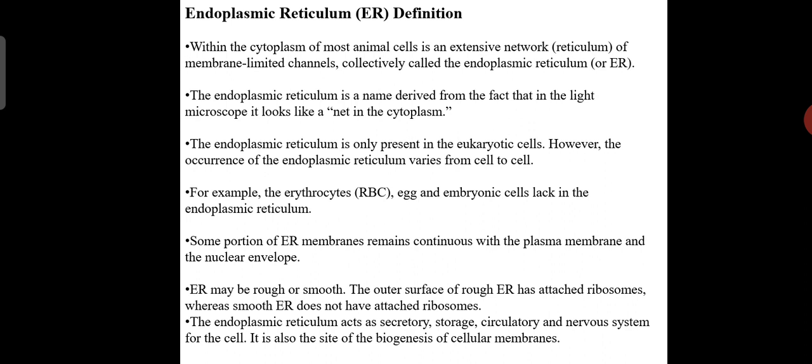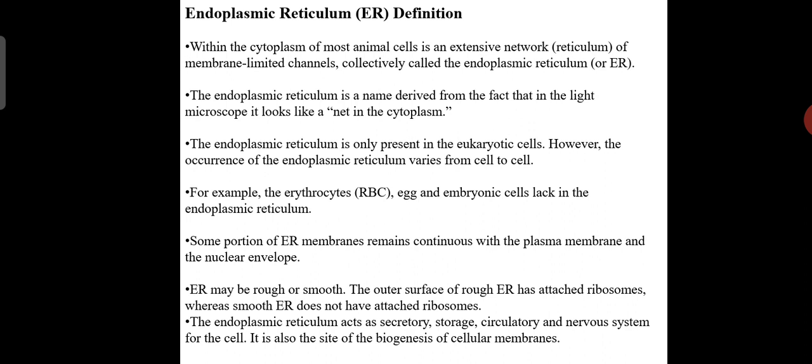However, the occurrence of the ER varies from cell to cell. For example, the erythrocytes, that is RBCs, egg and embryonic cells lack the ER. Some portion of the ER membranes remains continuous with the plasma membrane and the nuclear envelope.